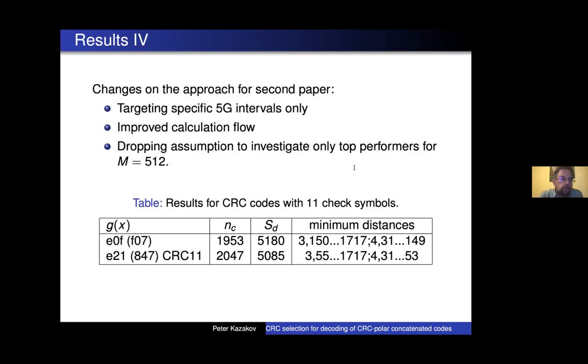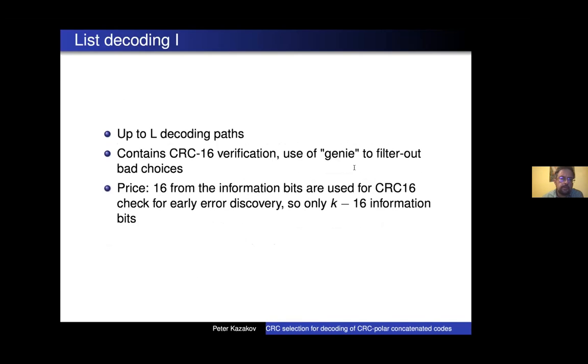We decided to improve the calculation flow, and we were dropping the assumption to investigate only the top performance for m equal to 512. The first and the third are quite easy to understand. For the second, for the improved calculation flow, I will return back to this matrix.